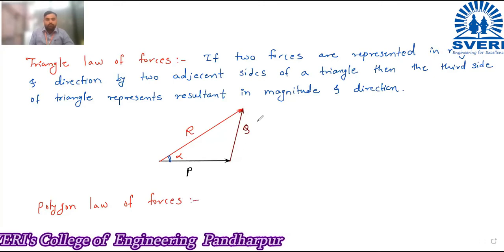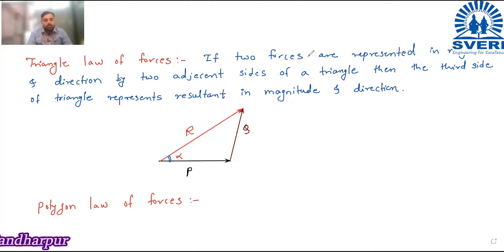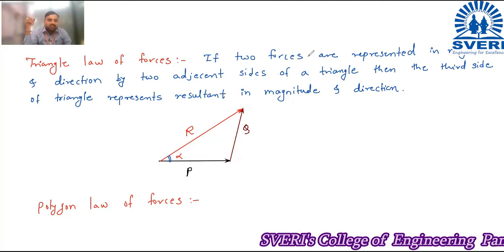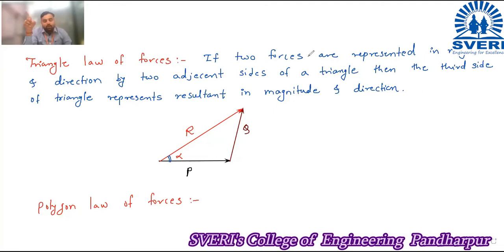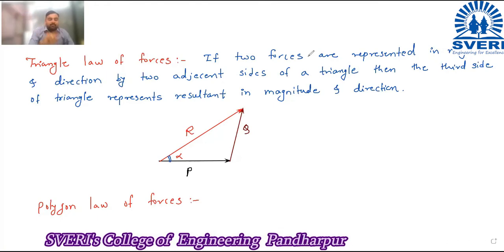Now next is the polygon law of forces. So in the polygon law of forces, what it says is that when a number of forces are acting on a body and are represented by the adjacent sides of a polygon in magnitude and direction, then the closing side, the closing line of the polygon, represents the resultant in magnitude and direction.